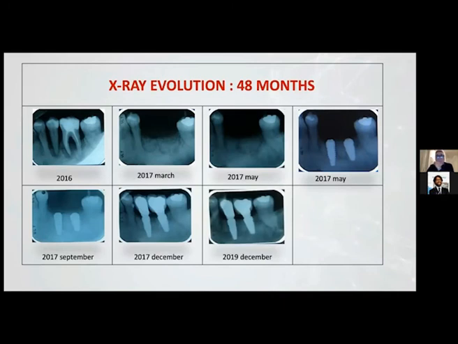It's very interesting because it is possible to observe the granules after some months, probably 4 months, and after 1 year they disappear completely. In this case, it is impossible to understand where the defect was, and impossible to understand where the new bone was.